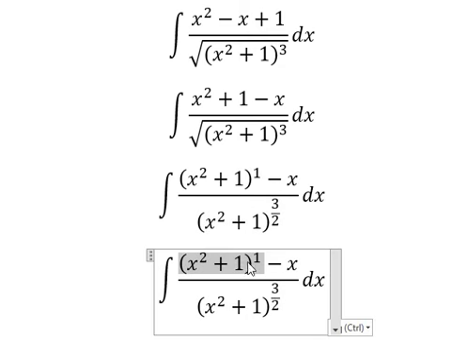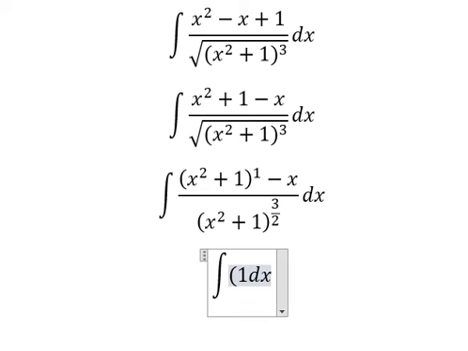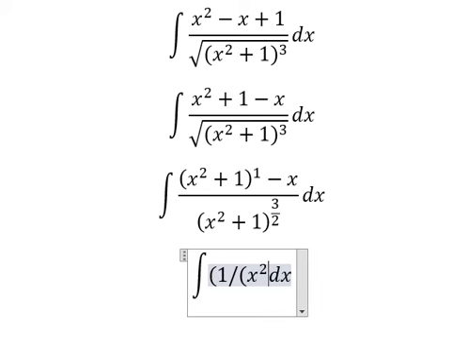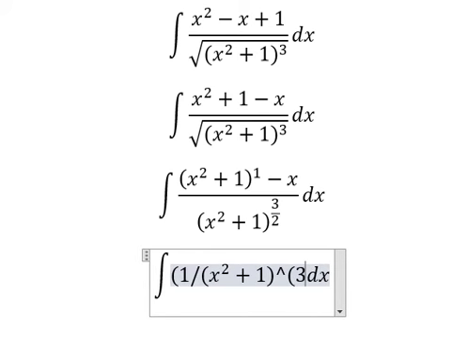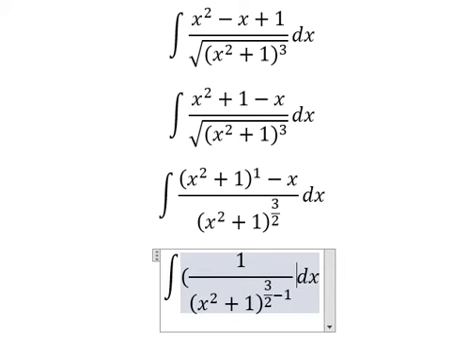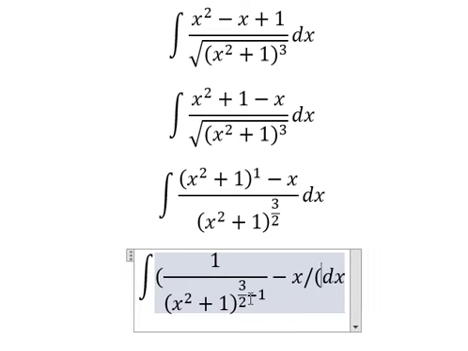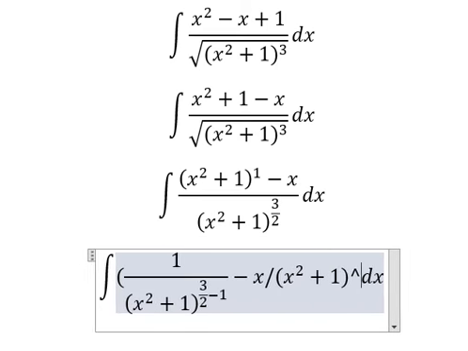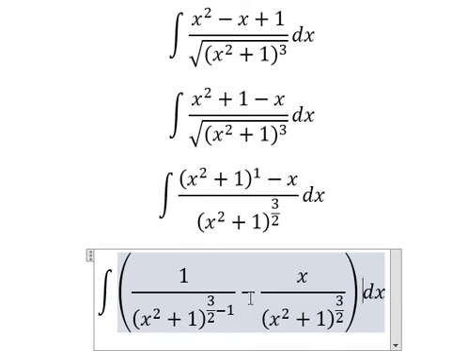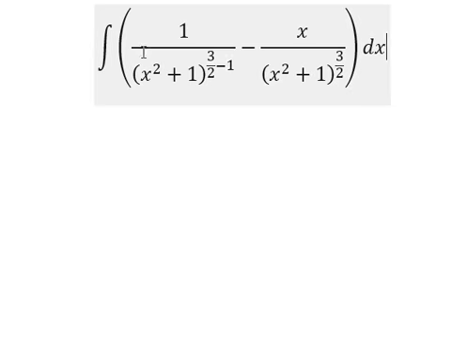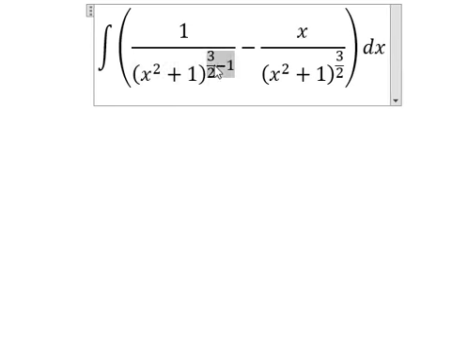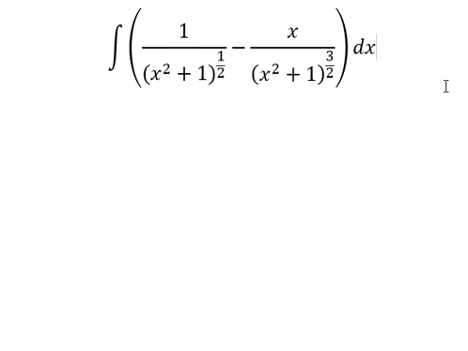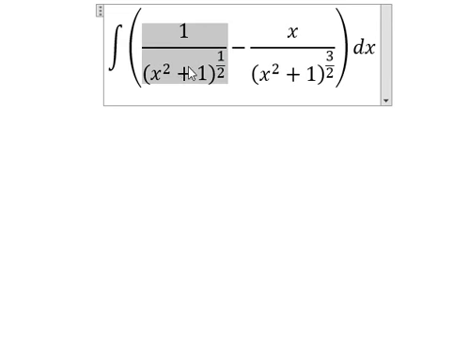Now this one divided by this one, so we have like this. So this one we have 1 over 2. Now I will concentrate about this one first.